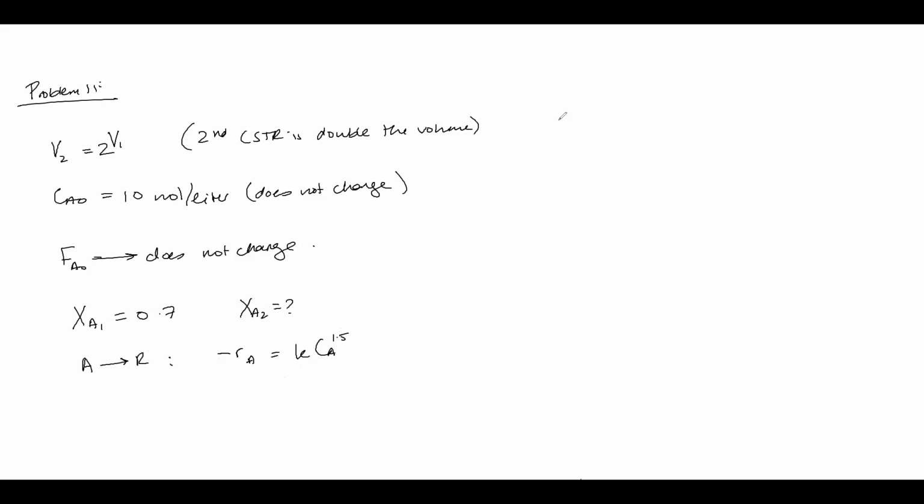So for the CSTR, I need to use my CSTR performance equation. For this, the CSTR performance equation is V over FA naught is equal to tau over CA naught is equal to XA over minus RA.